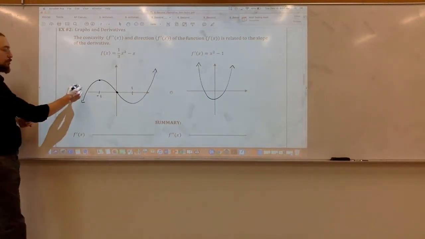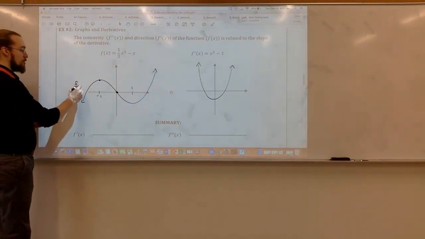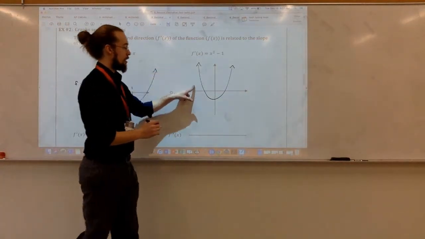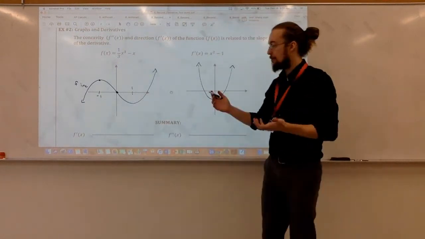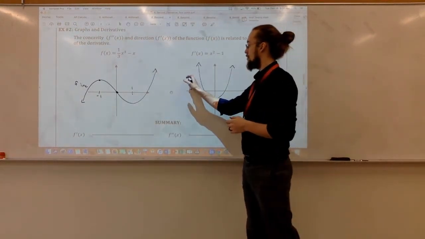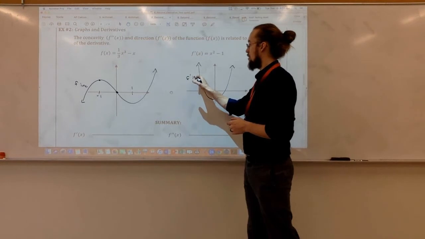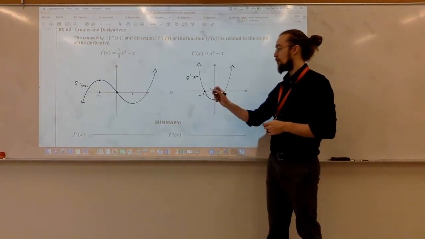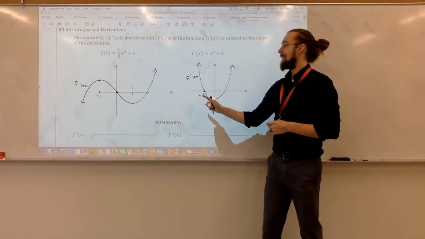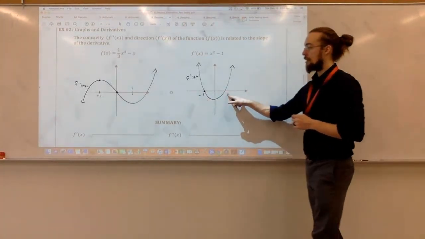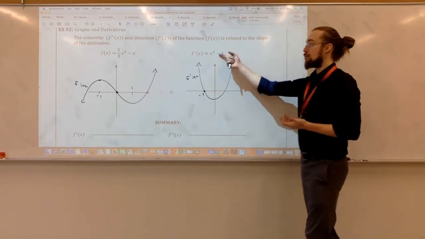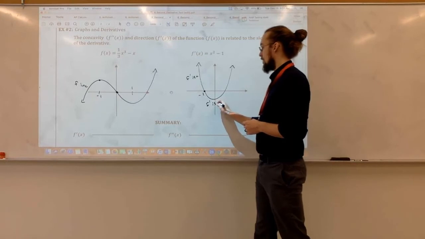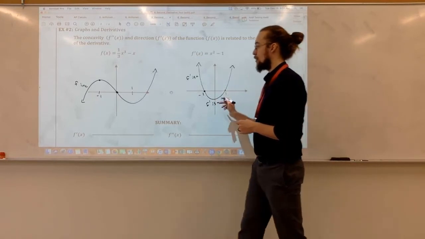So on this piece, f is increasing, which means the first derivative, f prime, is positive up until we get to negative 1. Then in between negative 1 and 1, my first derivative is negative.